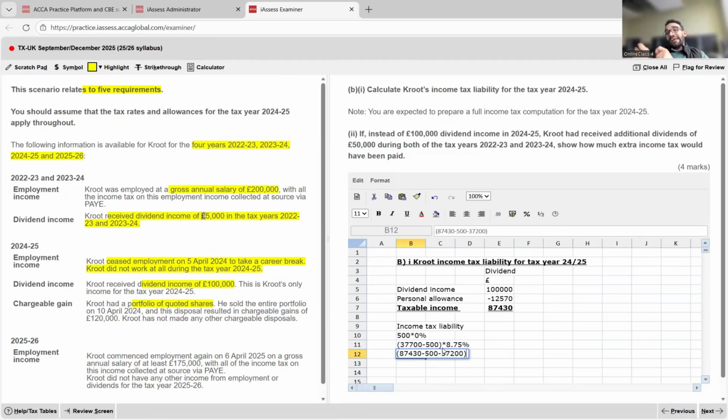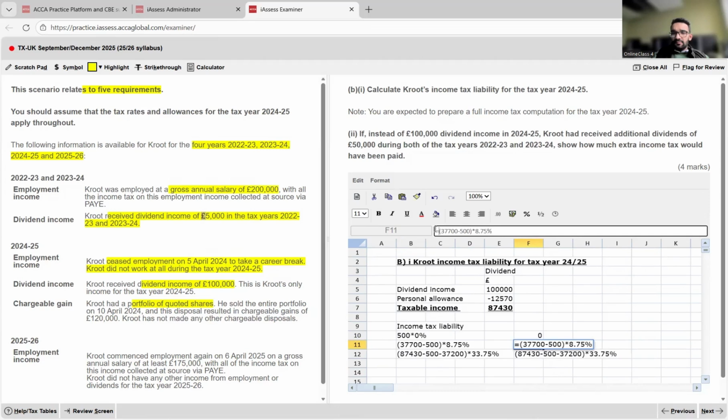Now this is falling in the additional band, and for the additional band, the rate is 33.75%. Right? Just do the calculations. Just put the equal sign. You'll get the answers.